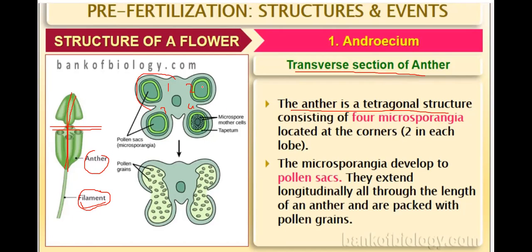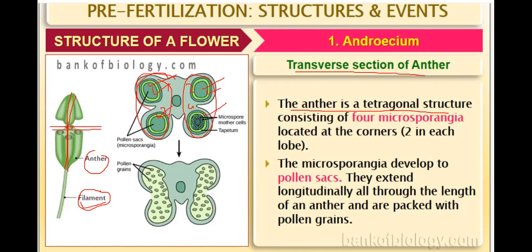These are the 4 microsporangia. This is one lobe, this is the second lobe, and each lobe has 2 microsporangia.